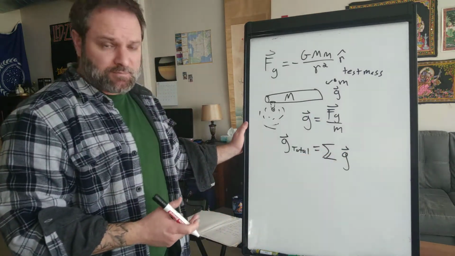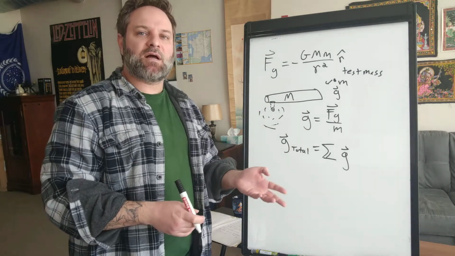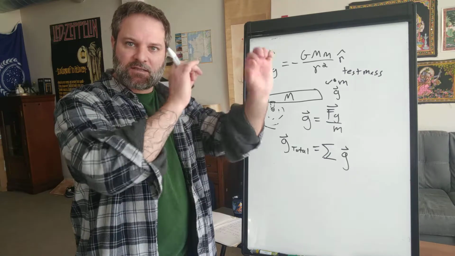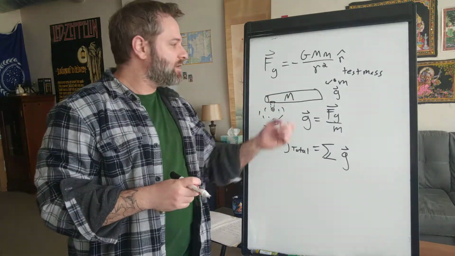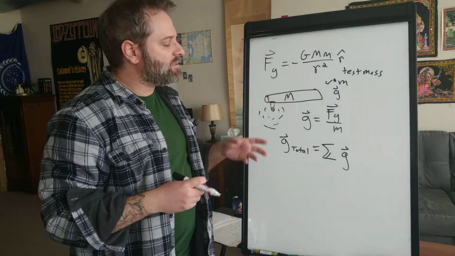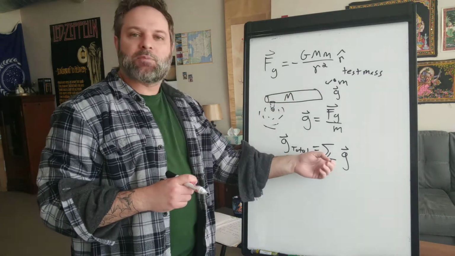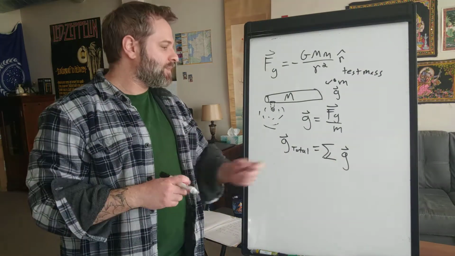This is the same sort of thing we've seen multiple times in this class. For example, when we were talking about center of mass, we imagined lots of point particles, and then you add them up, and you get the center of mass of the whole system. Here, we might imagine breaking this alien spaceship up into a bunch of different point particles, and we add them up, and we get the total gravitational field of the alien spaceship.